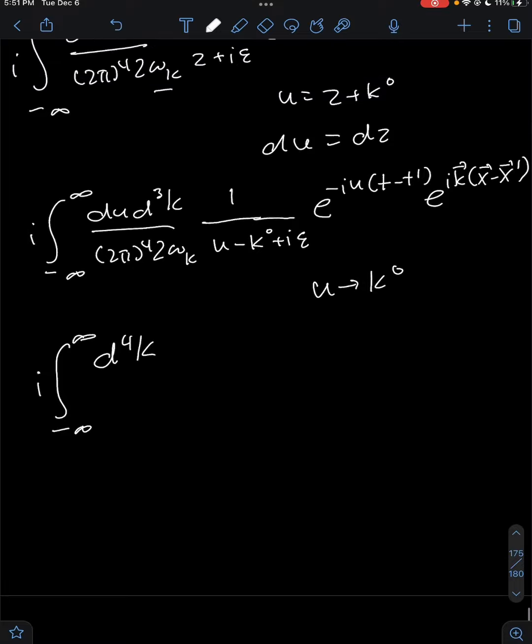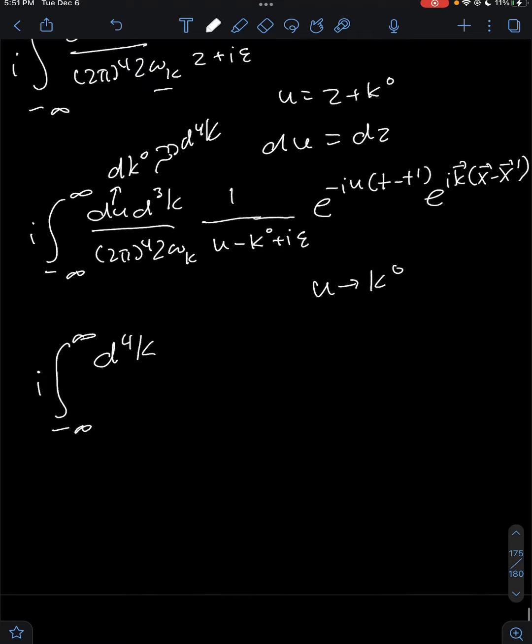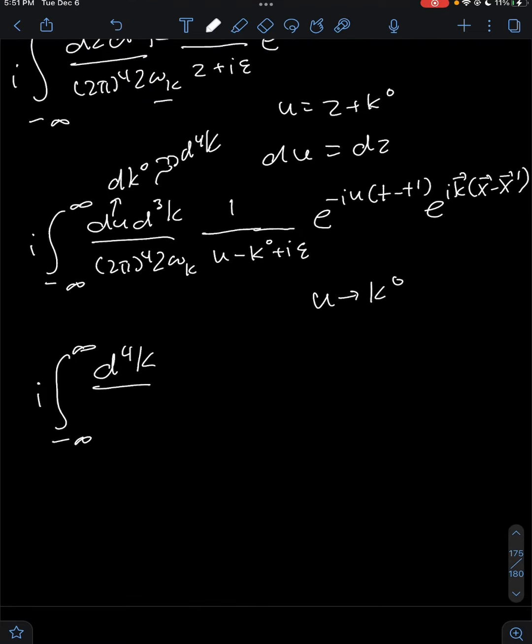We have d4k because this acts like dk naught. So d4k over 2 pi cubed 2 omega k times 1 over k naught minus, we can't call this k naught anymore if we let u be k naught. So we're going to have to call it omega k.